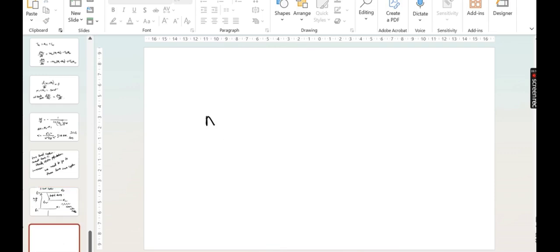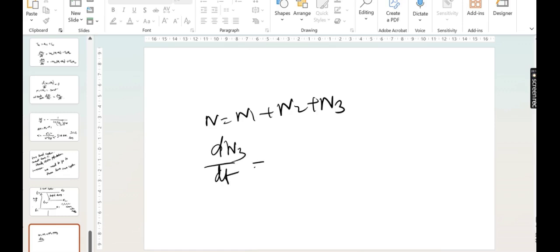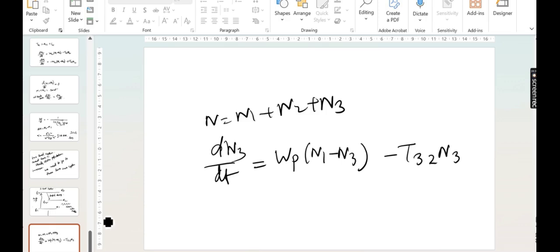Here, n is equal to n1 plus n2 plus n3. dn3/dt, the rate of change of n3, is basically the pump term Wp (n1 minus n3) minus T32 n3, and T32 is A32 plus S32.